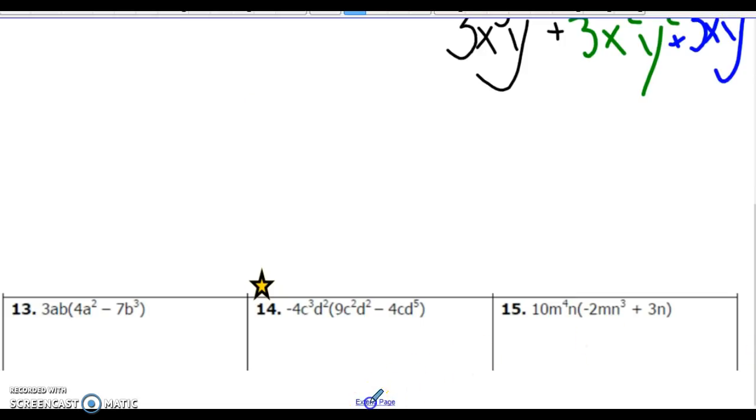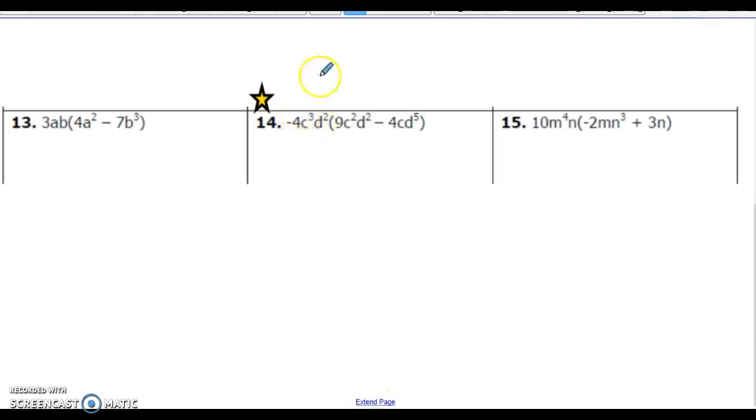Holy macaroni, what does this one say? Let's try this one. Okay. So I'm going to first take this and multiply it here. When I do that, I'm going to do a little bit of highlighting. See this negative 4? That multiplies by the 9. So negative 4 times 9 gives me negative 36. Then I'm going to take this c to the third.